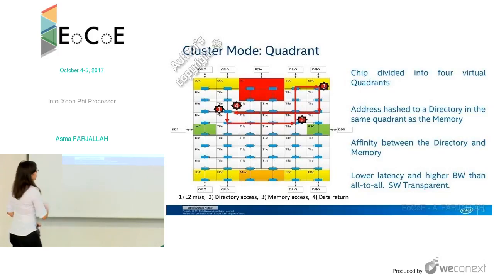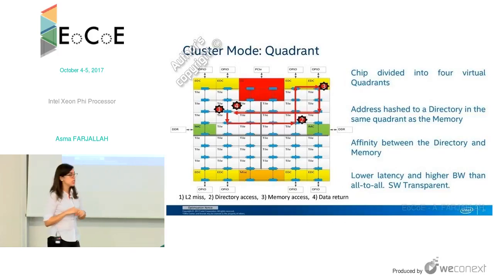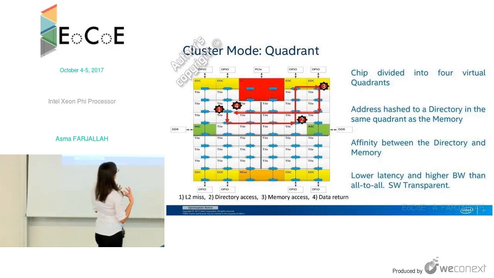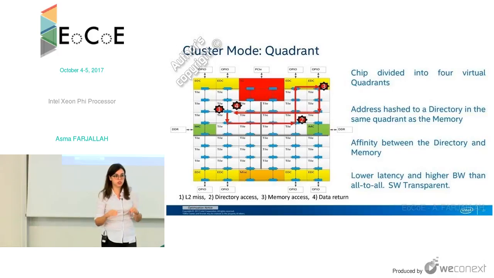The second one is the most common one, the quadrant mode, where virtually your mesh is decomposed into 4 areas, quadrants, let's say, and it guarantees affinity between the tags and the memory channel.